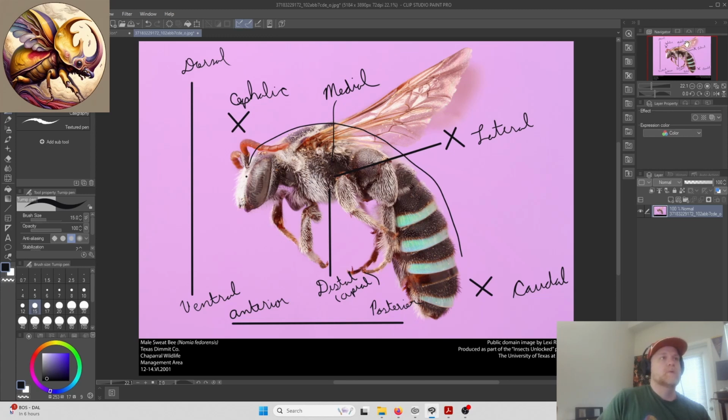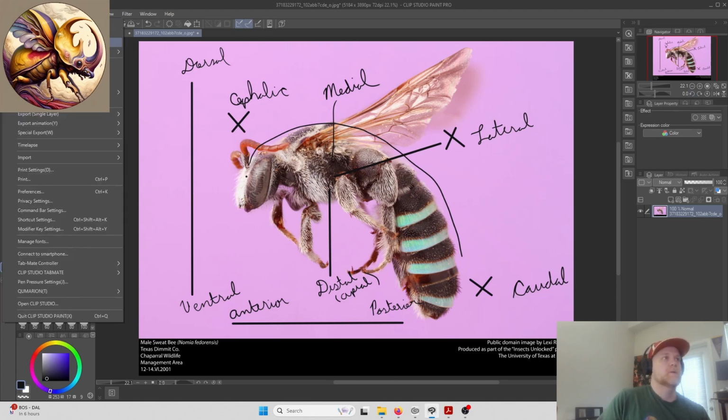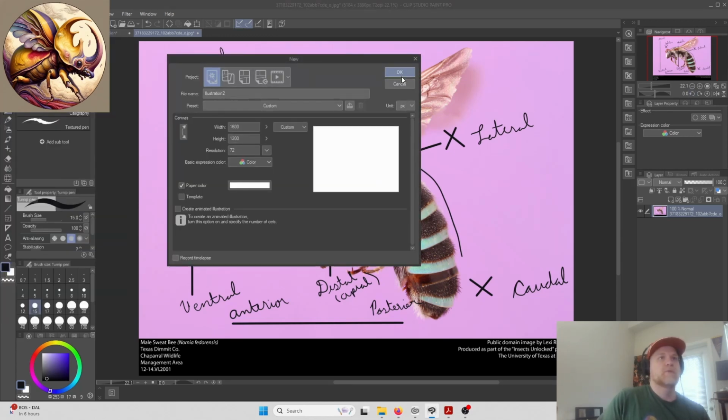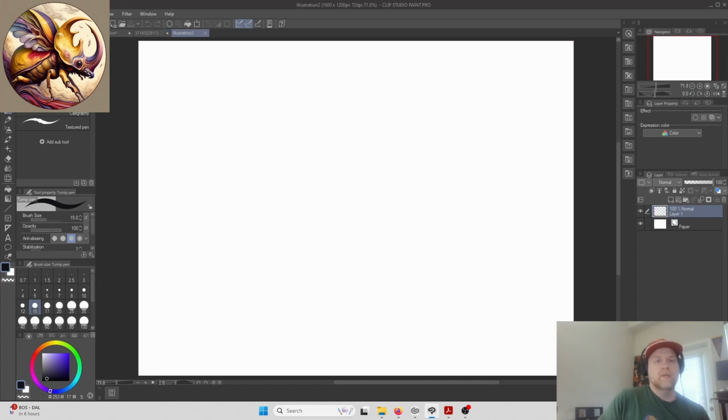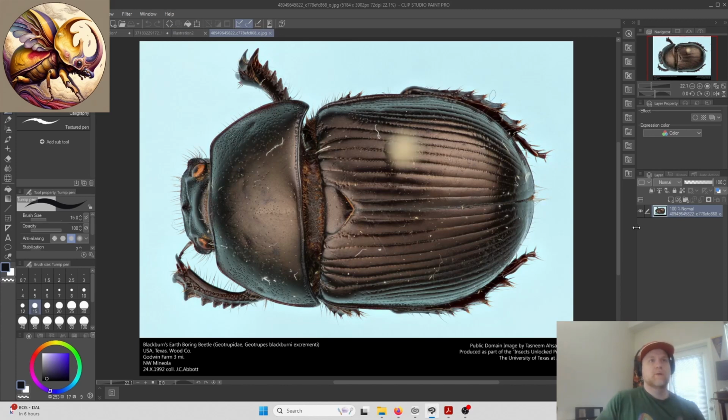Let me get a different photo here. But what about a different view? Just so you can get used to seeing it. Here is a scarab. Instead of looking at it laterally, at the side of the body, this is still facing to the left, but looking at it from the top down.